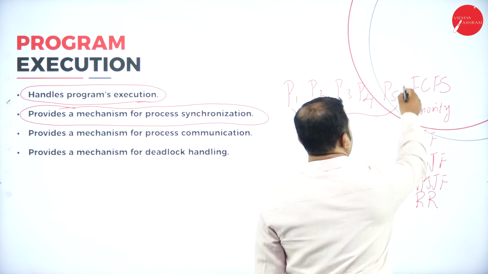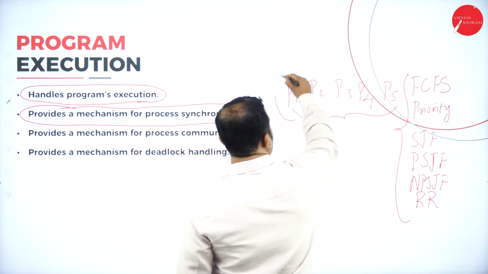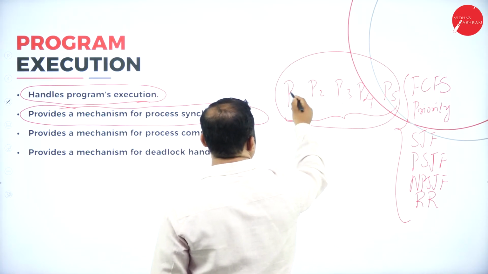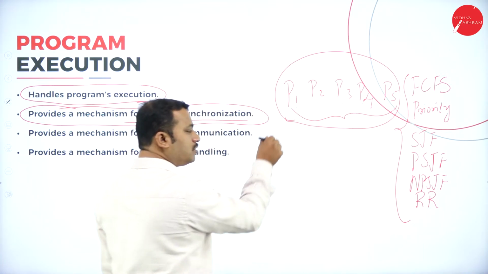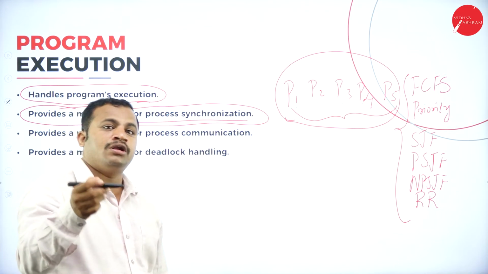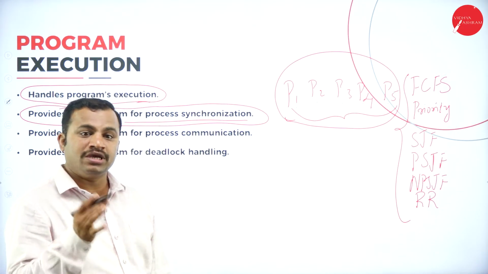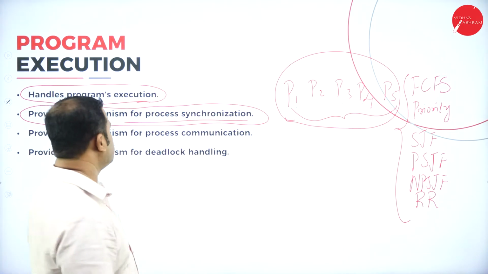All these are types of scheduling algorithms that enable the programmer to execute processes according to the synchronization. Which program needs to be executed first? Which program is dependent on another program? All those synchronization activities are done by the scheduling algorithms.